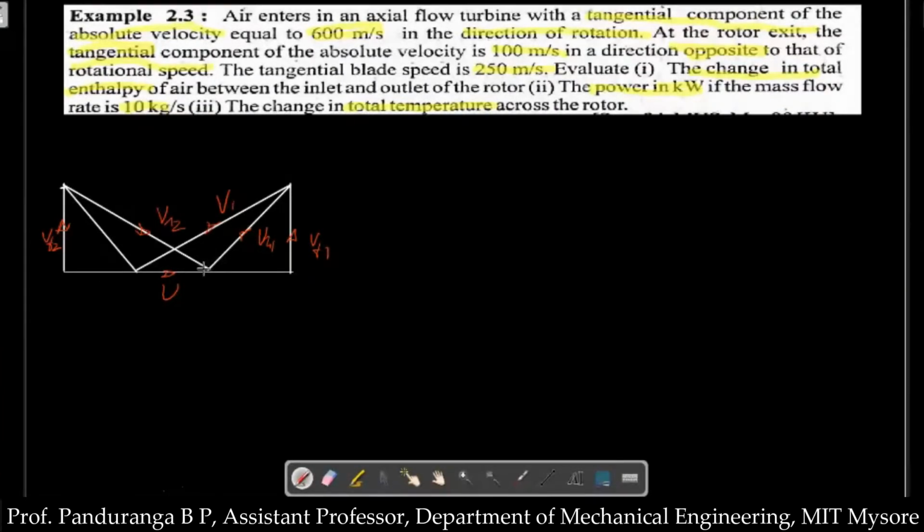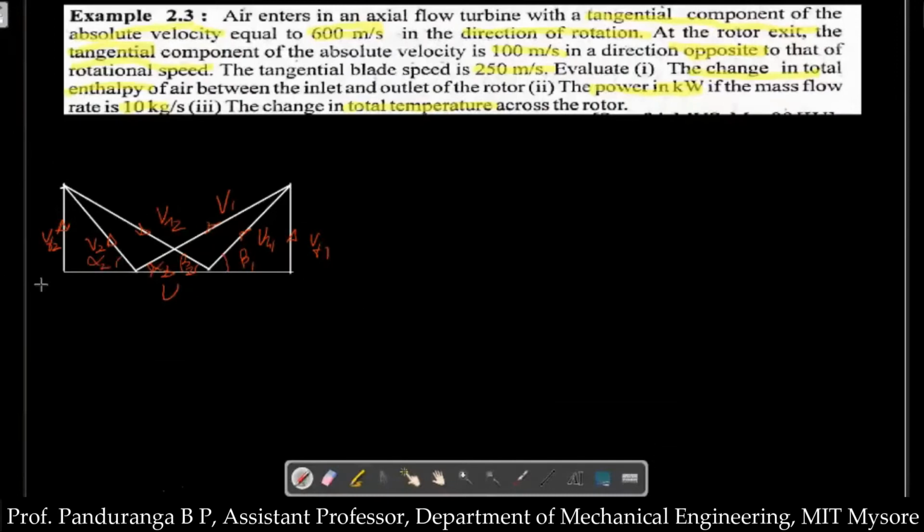The relative velocities start from the same point, and this is V2. The absolute velocities V1 and V2 start from the same point here. The angle made by V1 is alpha 1, the angle made by VR1 is beta 1, the angle made by V2 is alpha 2, and the angle made by VR2 is beta 2.